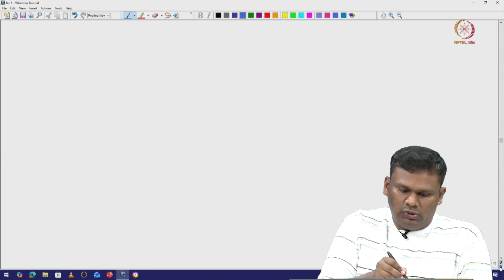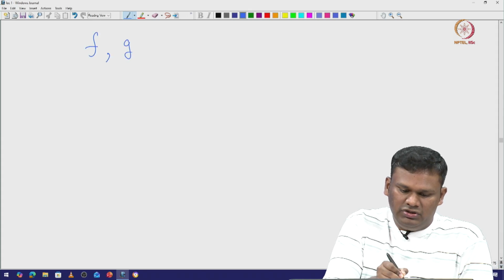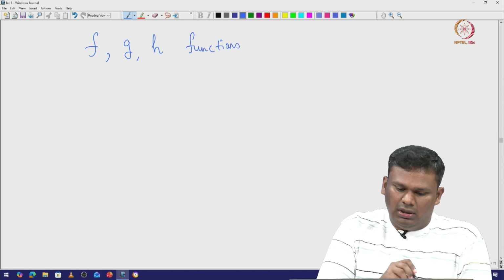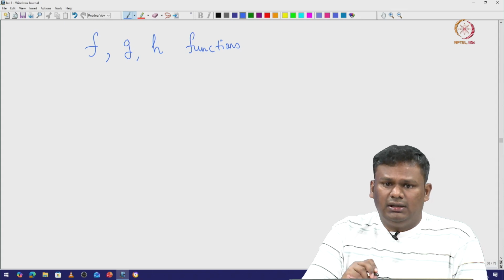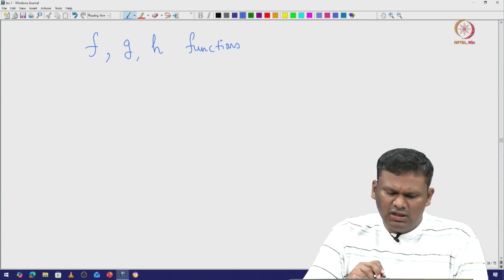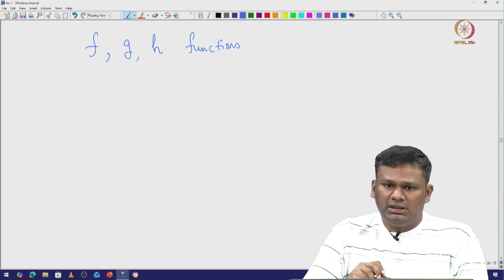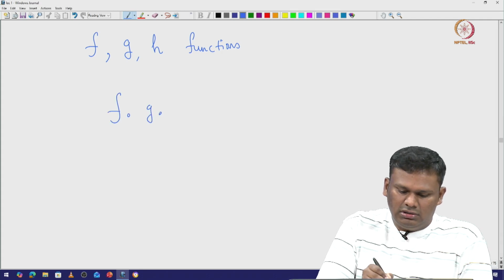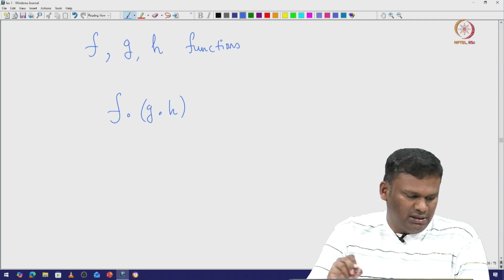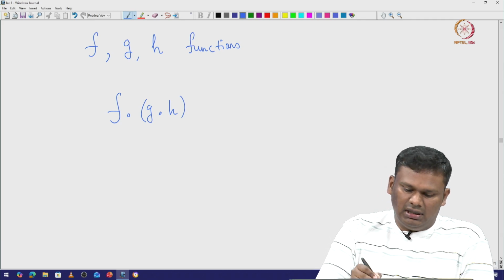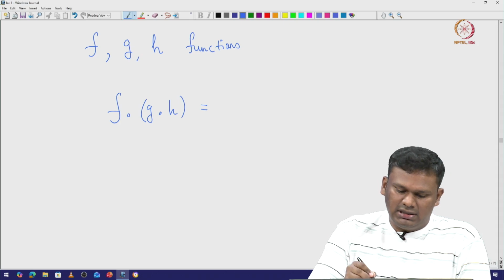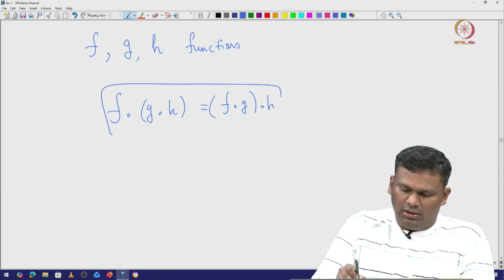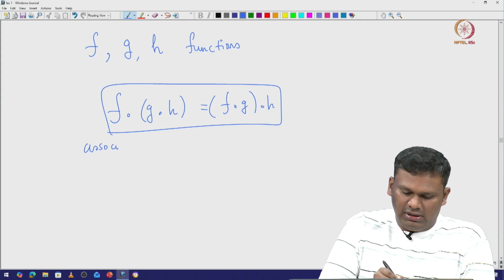Suppose f, g, h are three functions defined on sets so that f composition g composition h makes sense. What does the associativity law say? f composition (g composition h) is the same as (f composition g) composition h. This is what the associativity law gives us.